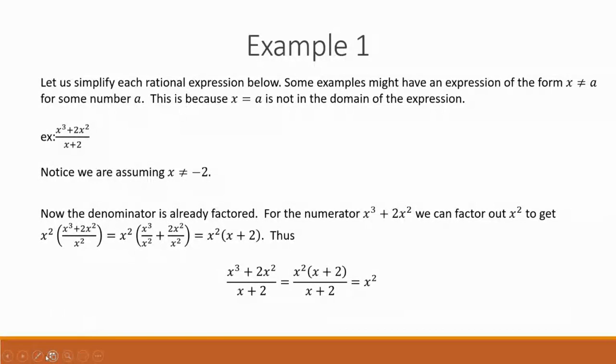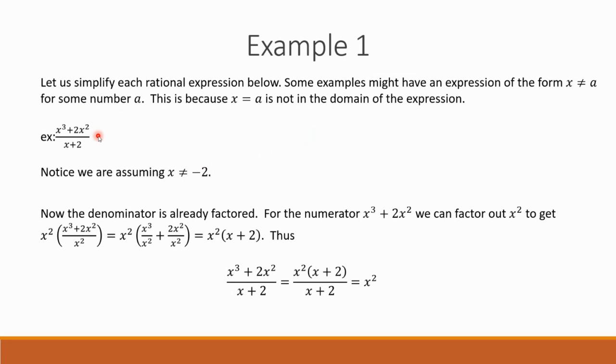So let's simplify each rational expression here. Now, this is something I also pointed out. What the book does is they'll say something like x is not equal to -2 next to a rational expression. All they're saying is we're working in the domain. So basically here we're assuming that x is not -2.